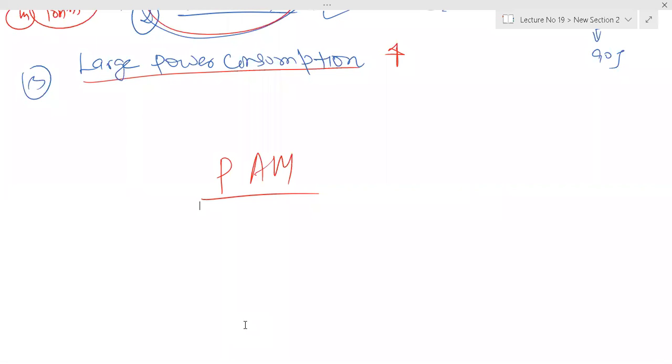If everybody says yes, then I will move to another topic. Otherwise, I will keep on repeating this. Where is Munir? What is Parveen? Nikhil?